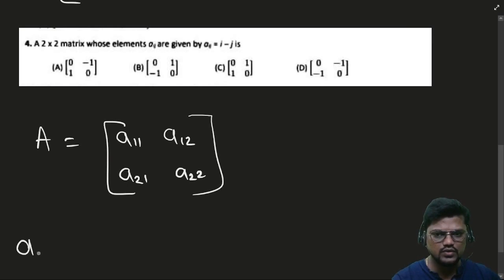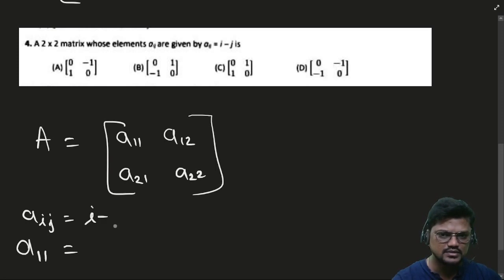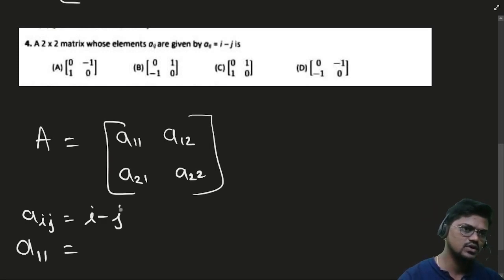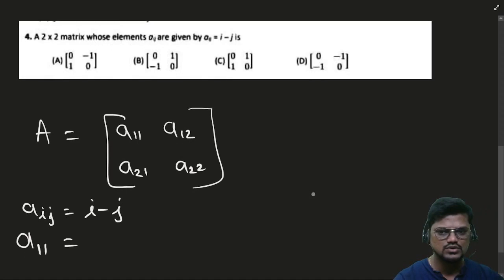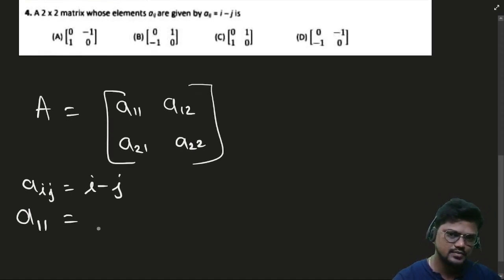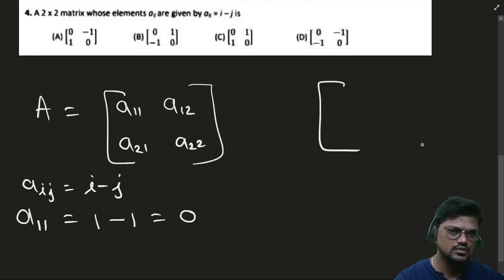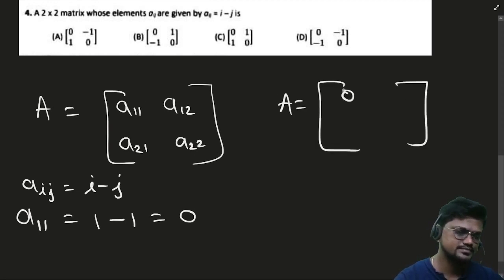Now if you want to find what is a11, what they said, a of ij is equal to what? i minus j. So what is i over here? 1. What is j over here? 1. So answer is 0. That means this element of the matrix A is 0.